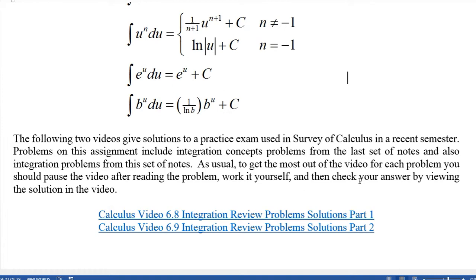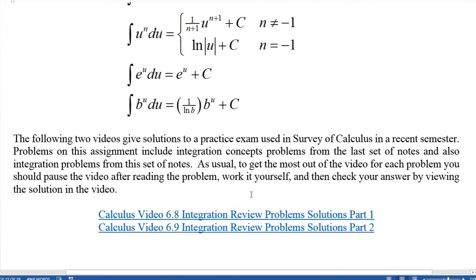And there's also a few application problems that we really won't get into in more detail until our next playlist. But I think you'll find that you should be able to follow my solutions even on the parts that we haven't gotten to yet, and see some applications of integration as well.